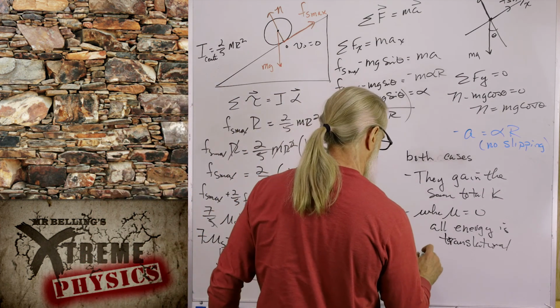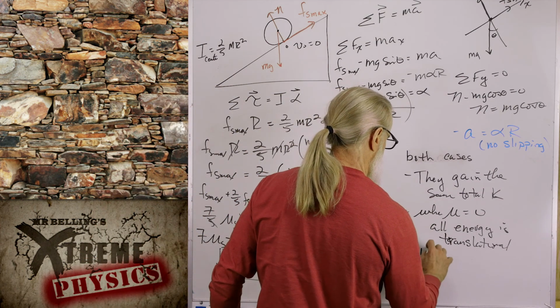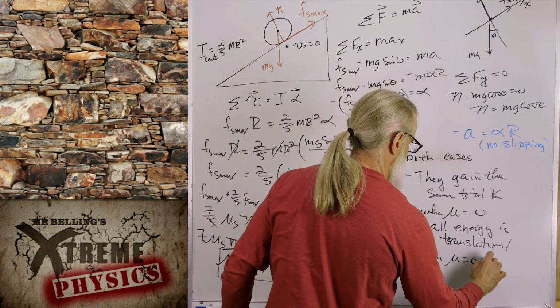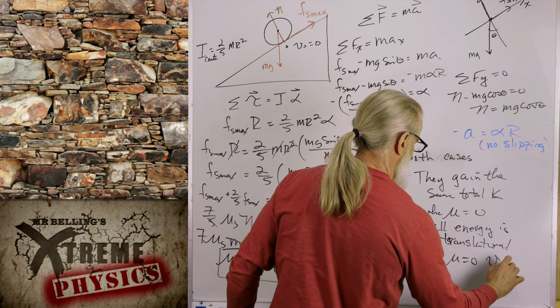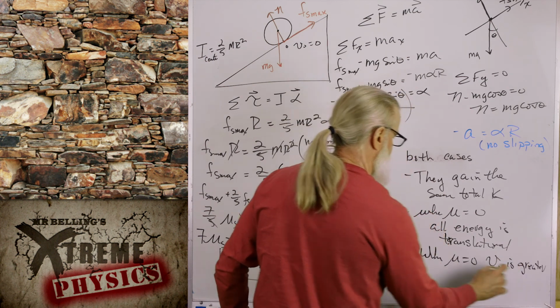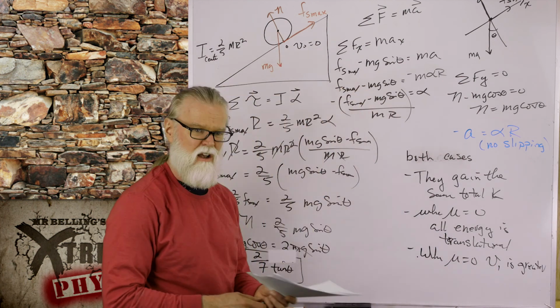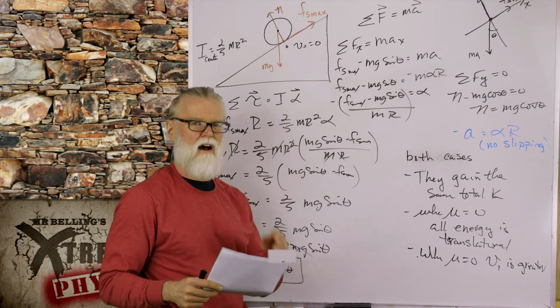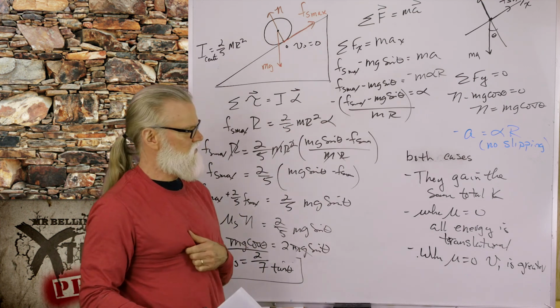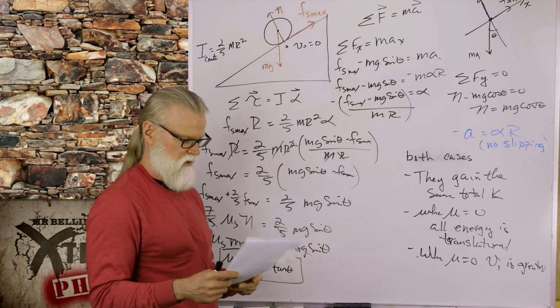Therefore, when mu equals 0, V1 is greater. So the velocity at the bottom is greater if the coefficient of friction is 0, because all the energy is in translation.